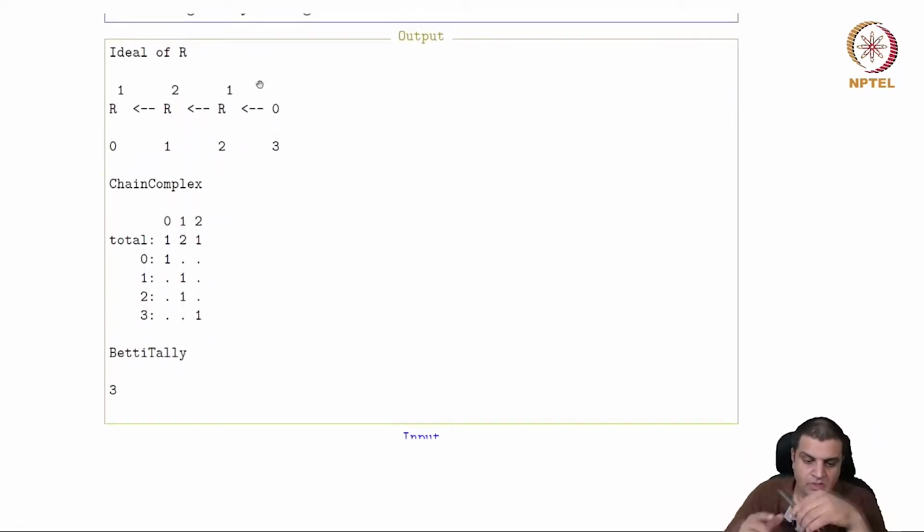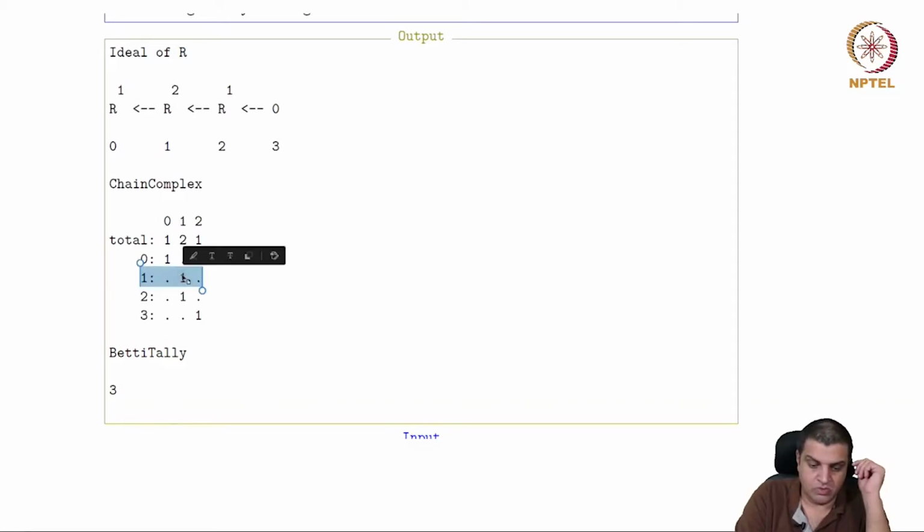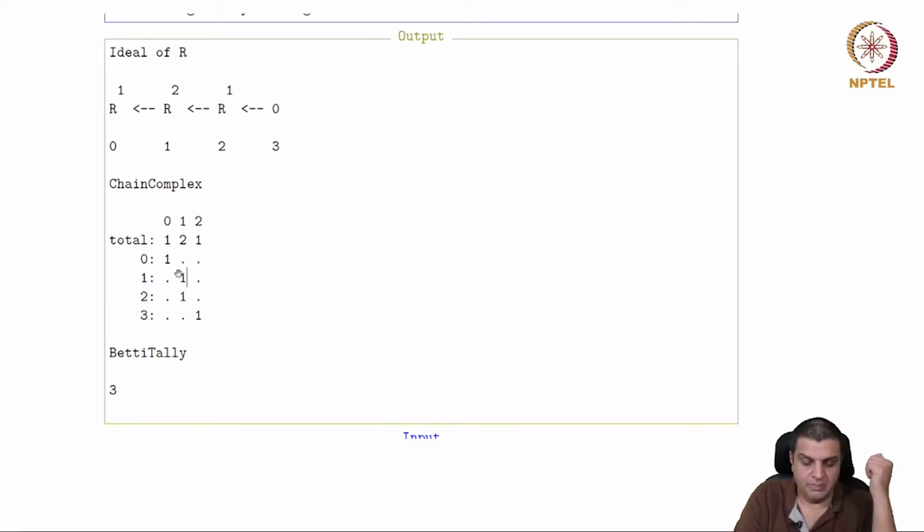So what information do we see from here? The 1 here just means that it is a quotient of a rank 1 free module. So when we ask for resolution, it resolves R mod I, not I. The entry in position 1 of the free resolution says that in degree 2 there is a basis element, and here in degree 3 there is a basis element.